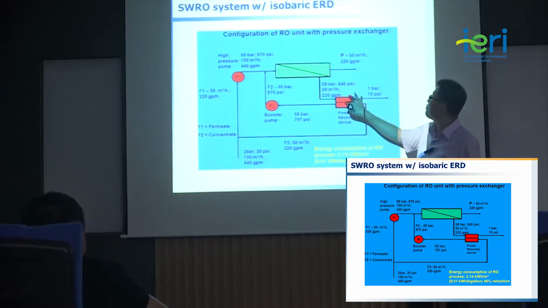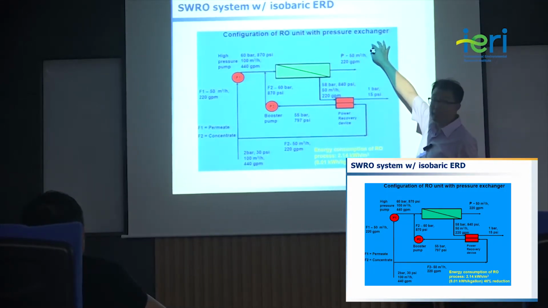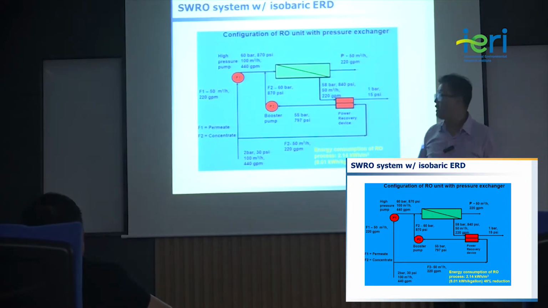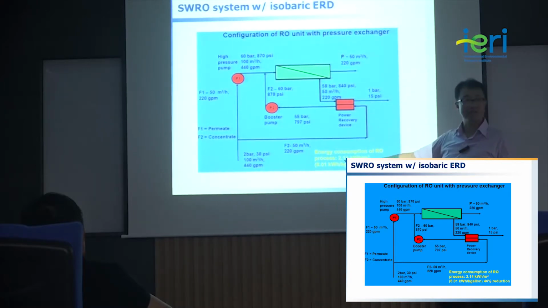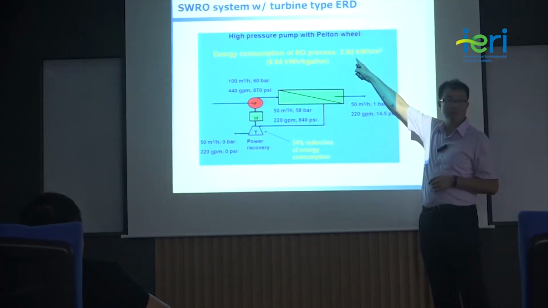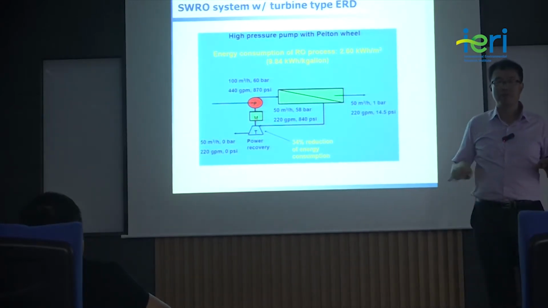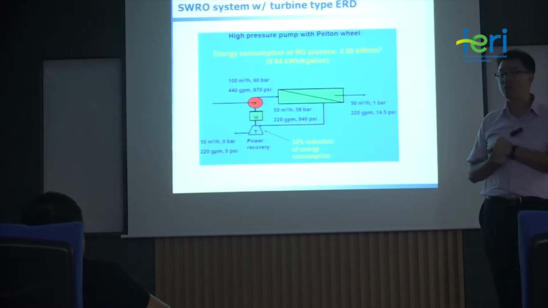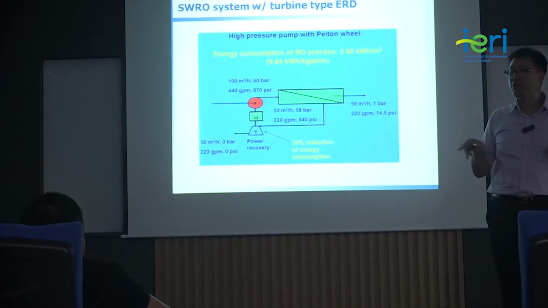When you use an isobaric pressure exchanger, you can get the energy down to 2.14. That's better than this one. That is the reason why people prefer using the isobaric type. The pressure exchanger is usually called PX or DWEER. So you can see DWEER in this plant.